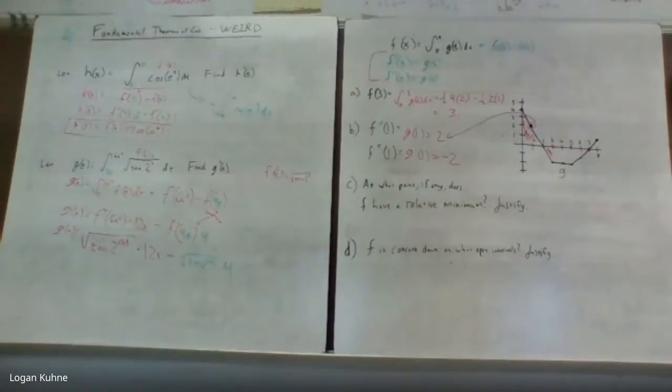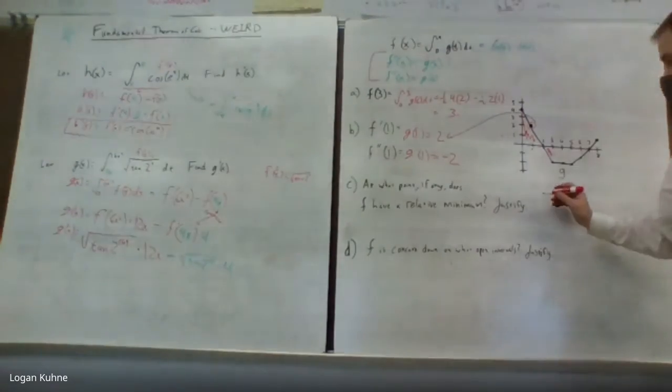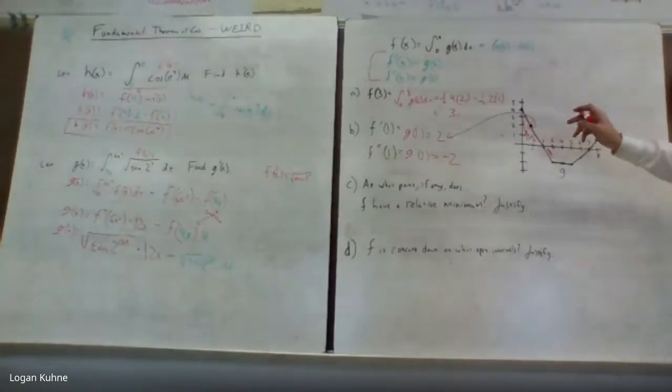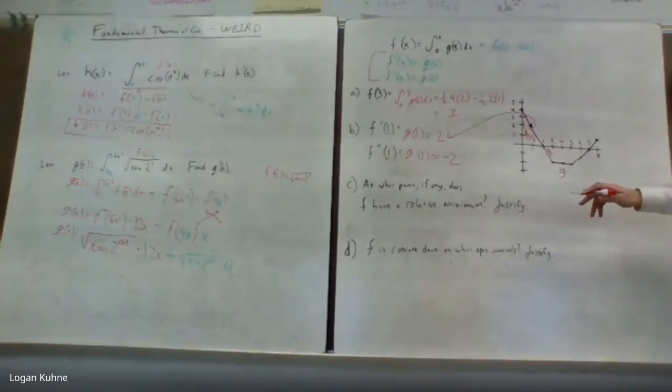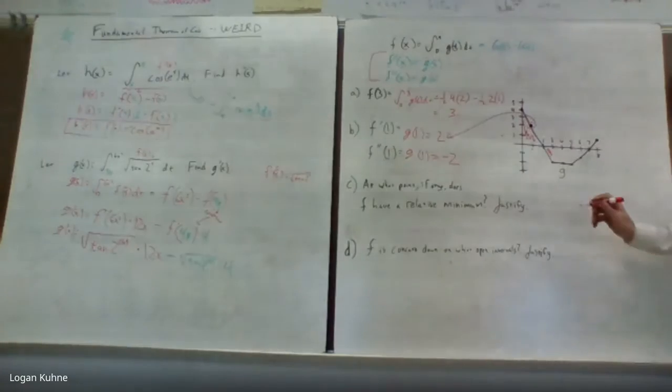When f prime changes from negative to positive, right? At what point, if any, does f have a relative minimum?